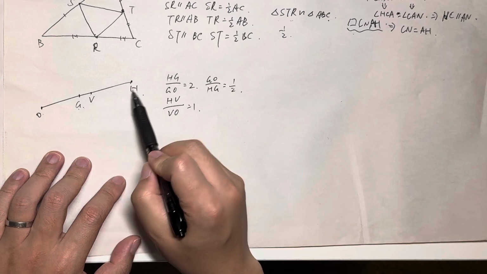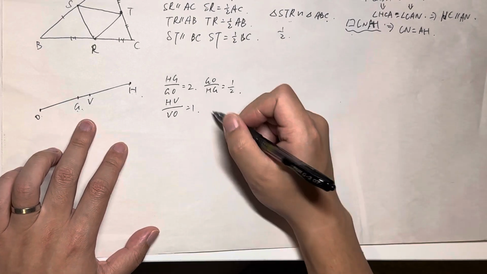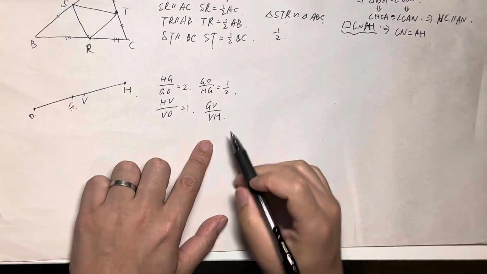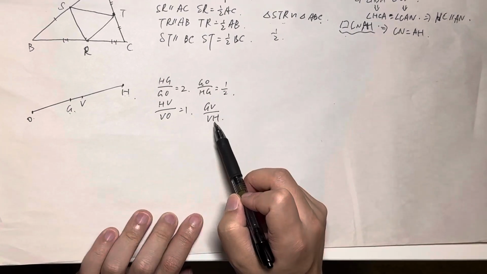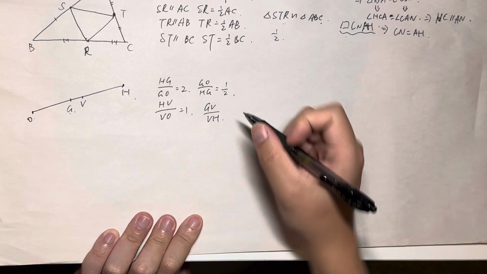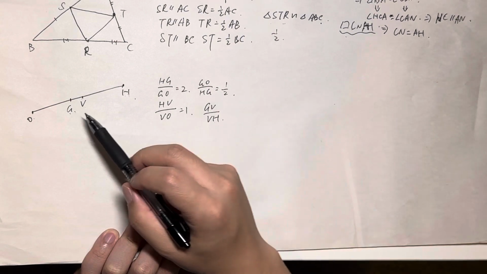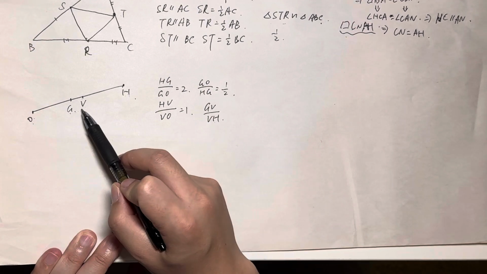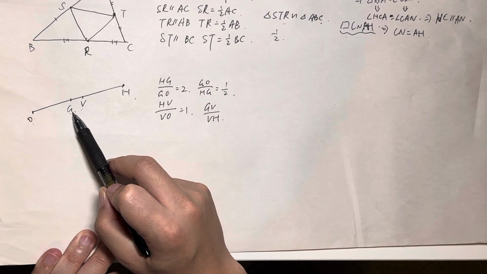So we want to find GV to VH, right? VH equals VO, right? And we want to find GV. GV can be calculated as OV minus OG, right?